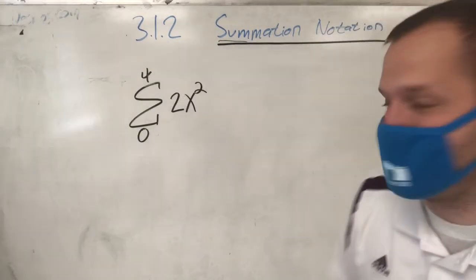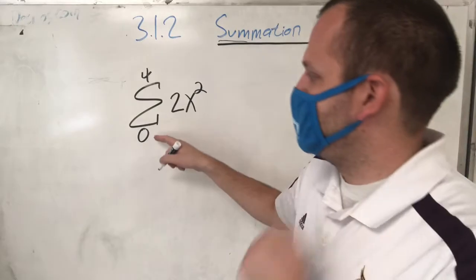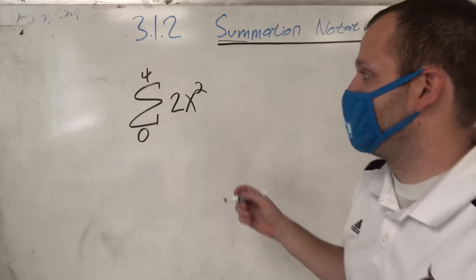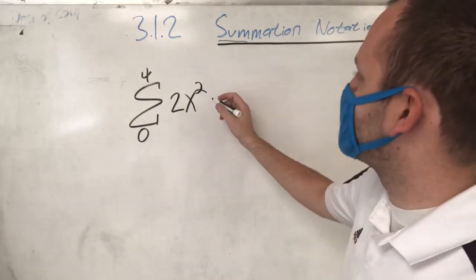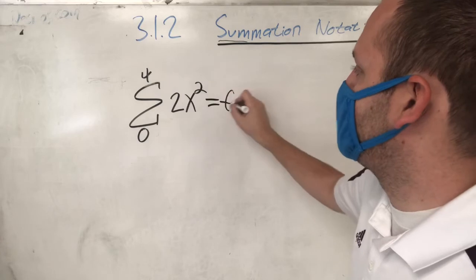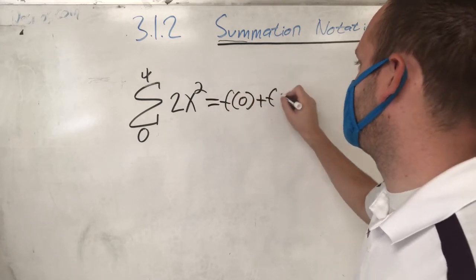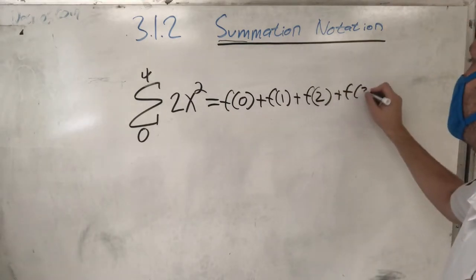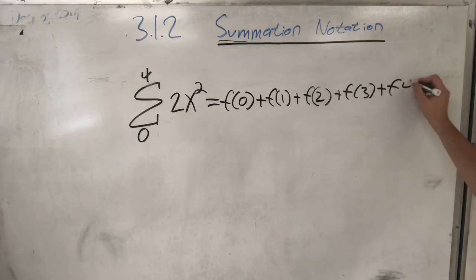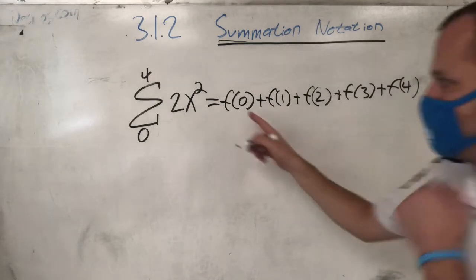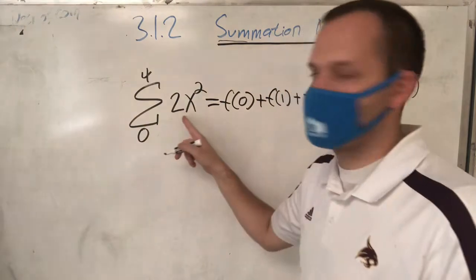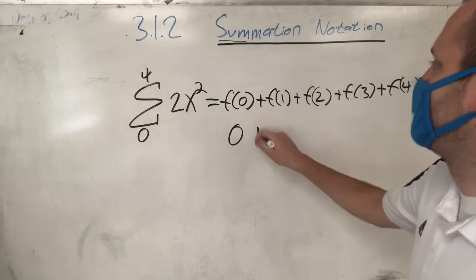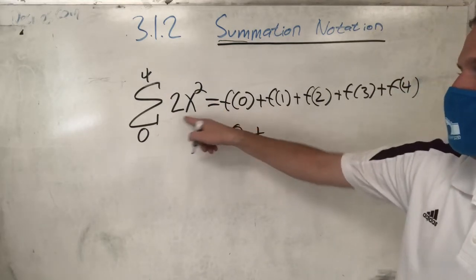All right? Let's try another one. Let's try this problem now. We want to know the summation from 0 to 4 of the equation 2x squared. So we want to find f of 0 plus f of 1 plus f of 2 plus f of 3 plus f of 4. Well, f of 0: 2 times 0 squared is 0. Plus, when we plug in 1, 1 squared is 1, 2 times 1 is 2.